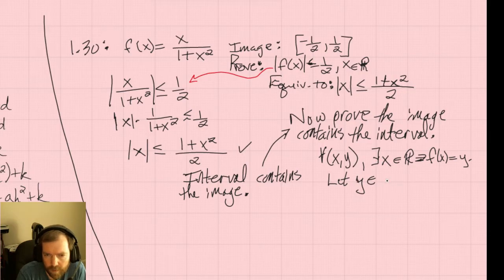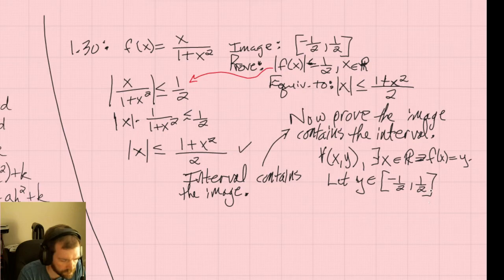We let y belong to that interval, negative a half to a half. Does that ruin everything?